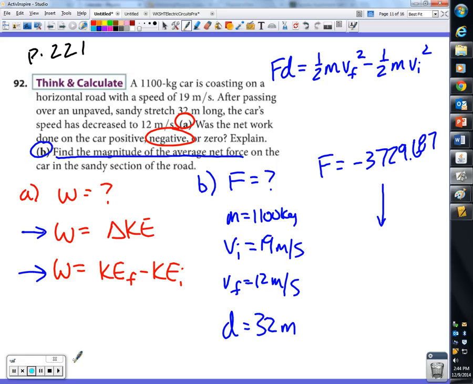So again, make sure when you're doing your calculations, you square your velocities. That's a big point where people mess up with the calculation.